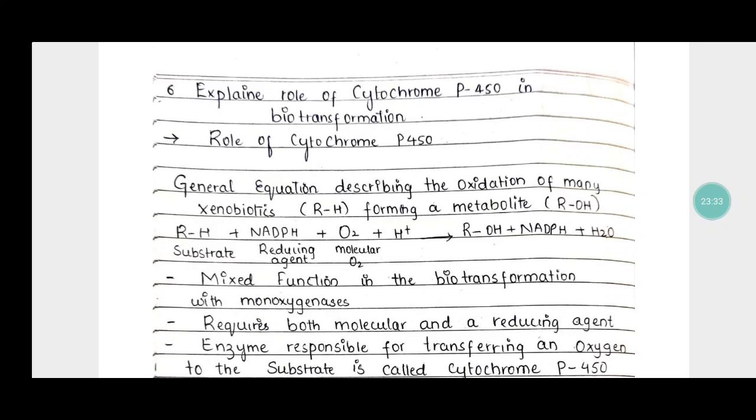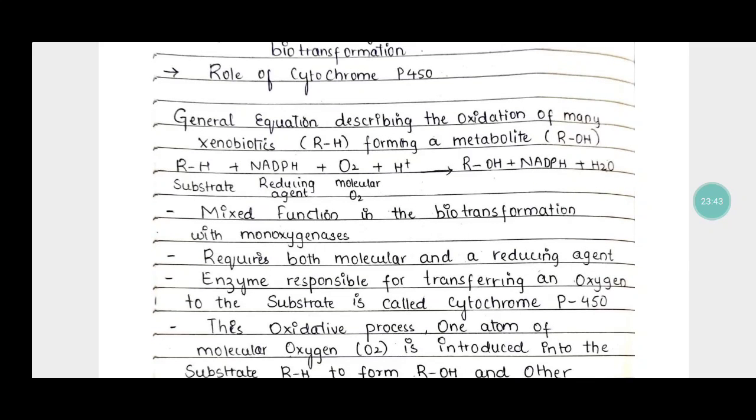The general equation describes the oxidation of many xenobiotics, forming a metabolite with a hydroxyl group. As I said, it is most important for phase 2 biotransformation.